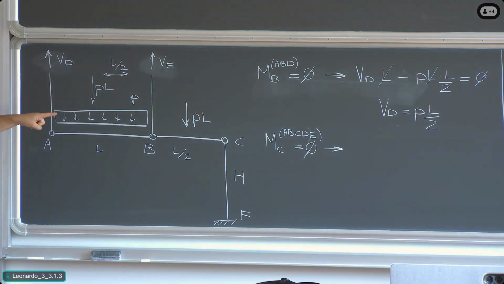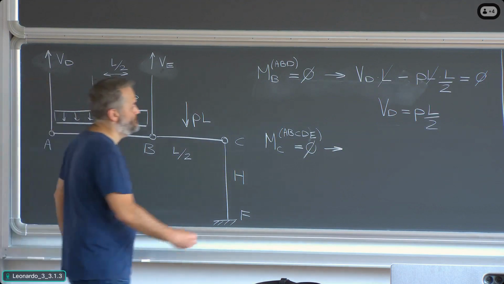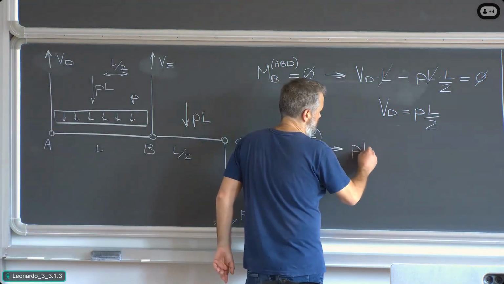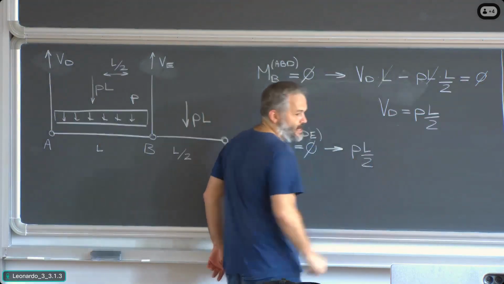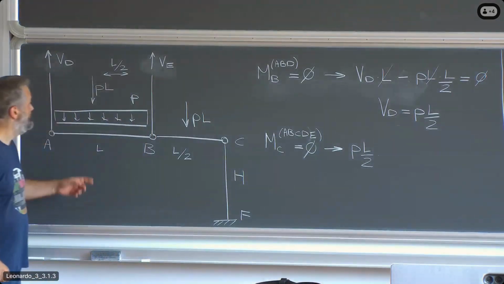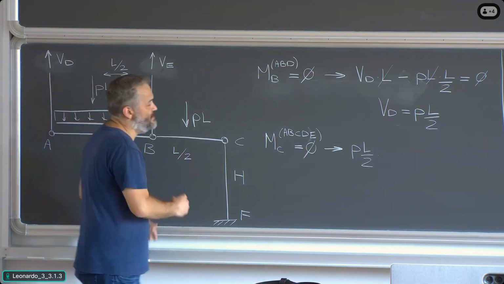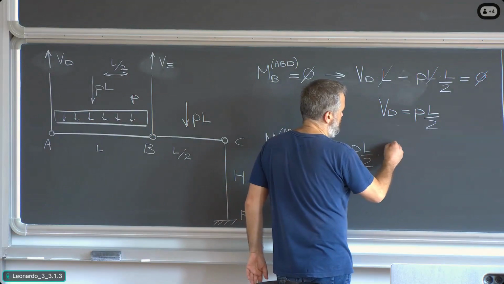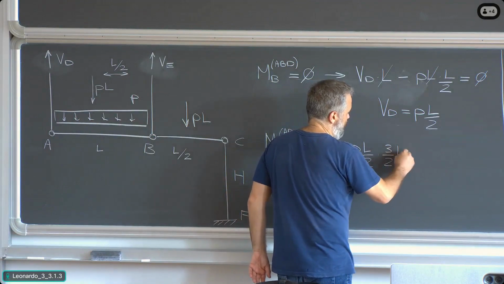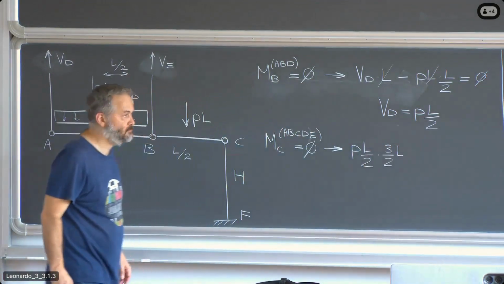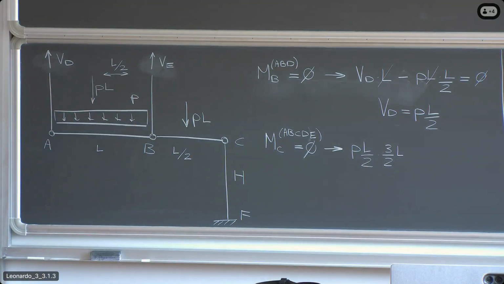It's written there, PL divided by 2. Multiplied by the lever arm. How much is the lever arm of VD with respect to C? L plus L divided by 2, which means 3 divided by 2L. And this is clockwise again.